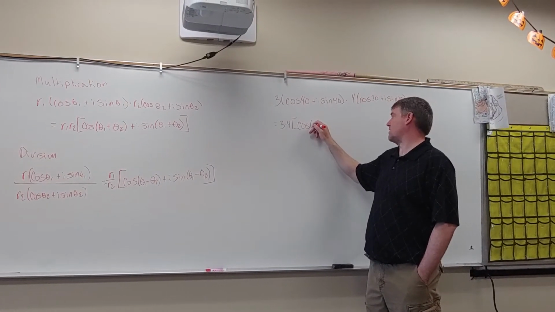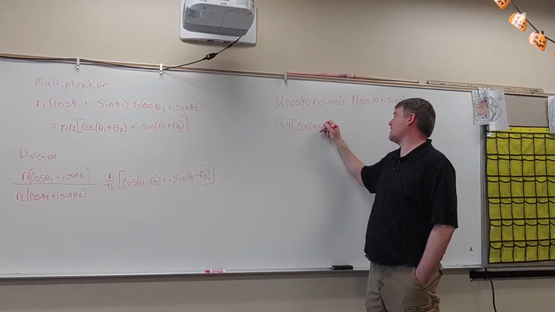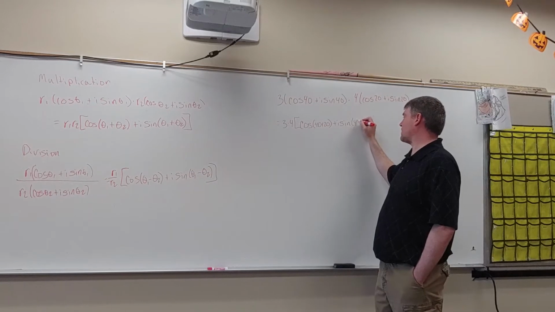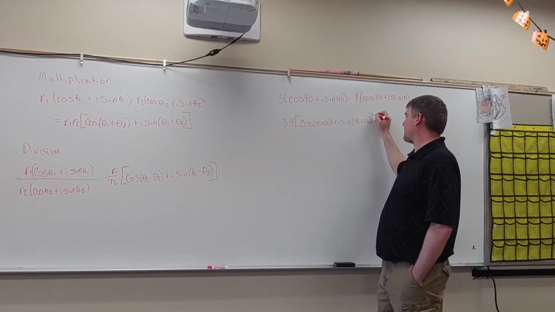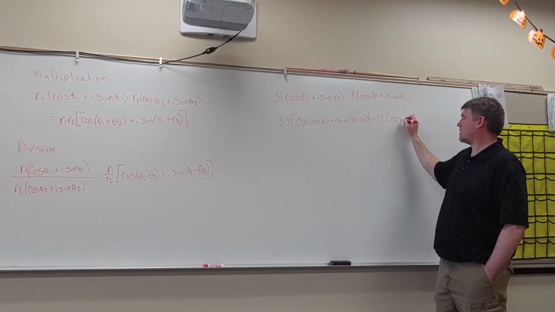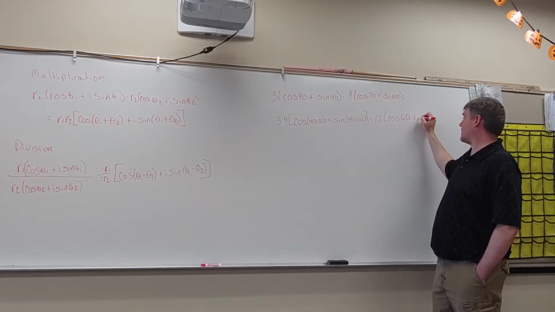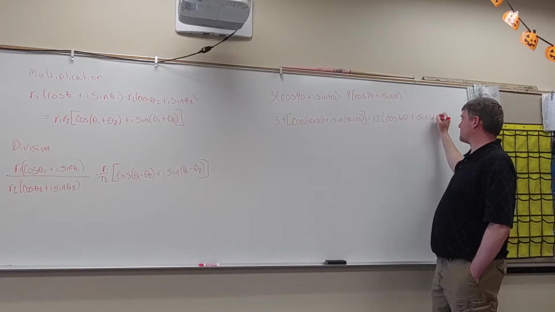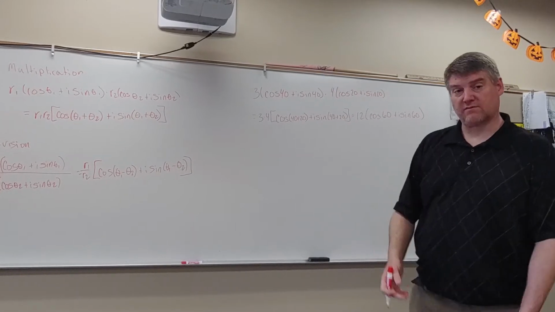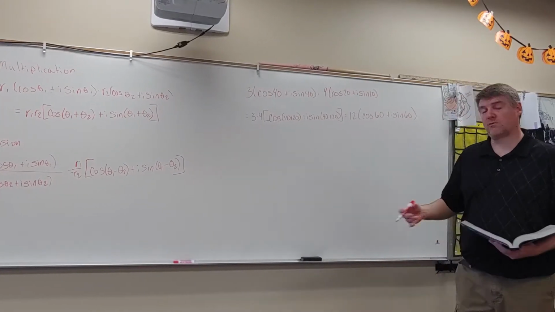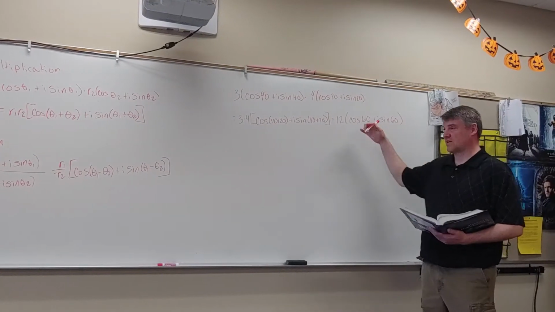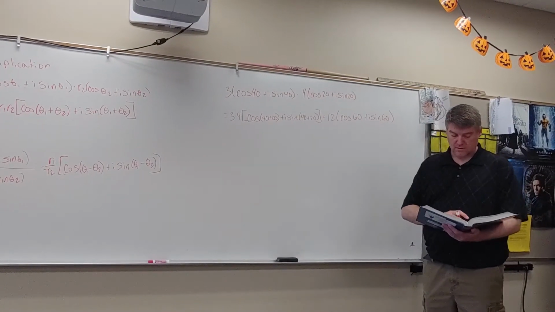This becomes cosine of 40 plus 20 plus I sine of 40 plus 20. So this becomes 12 cosine of 60 plus I sine of 60. And there's our product. Now, if I wanted to convert it into a true standard form of the complex number, I would have cosine of 60, sine of 60, and then multiply by 12.